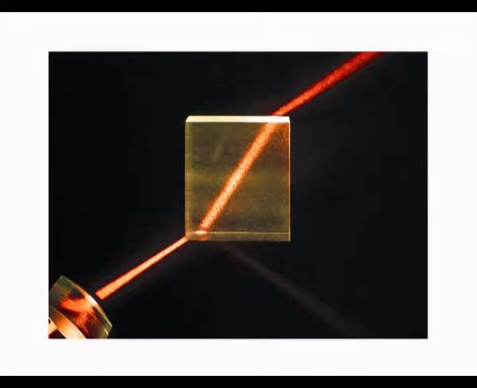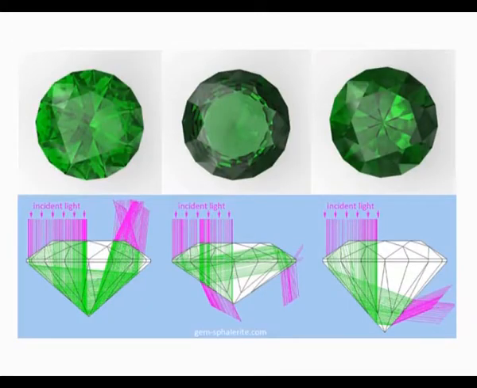Dispersion. A characteristic refraction or bending is associated with each different wavelength of light, and this separation of white light into component colors is called dispersion. In other words, dispersion is the separation of light into its separate spectral colors.